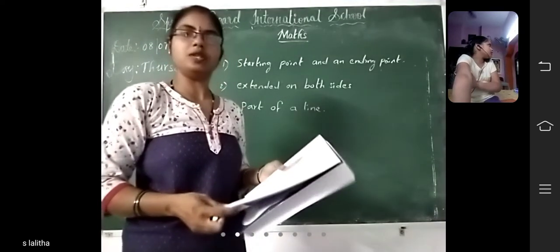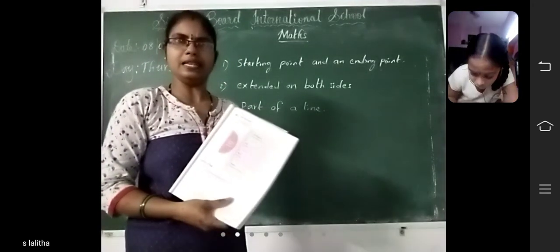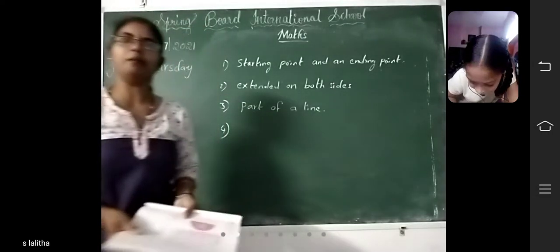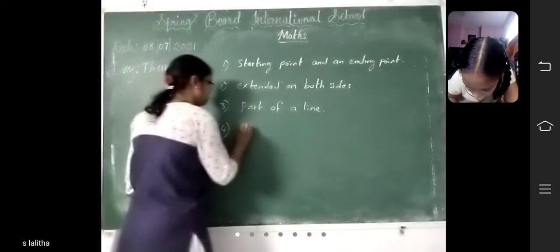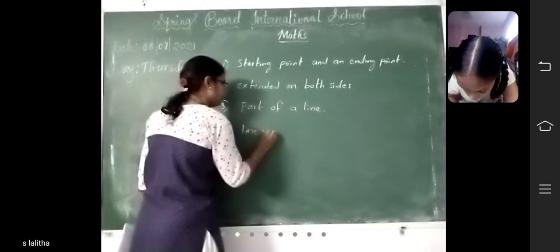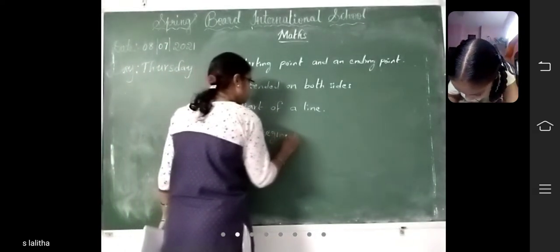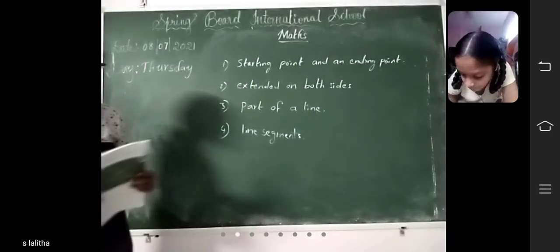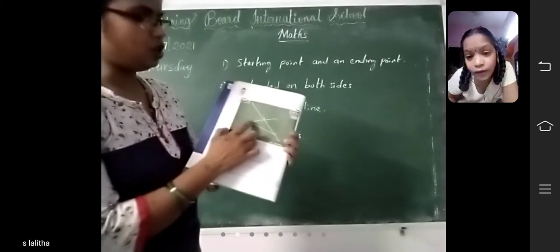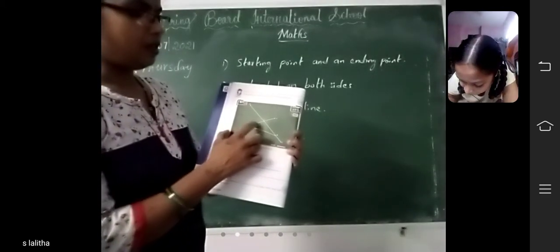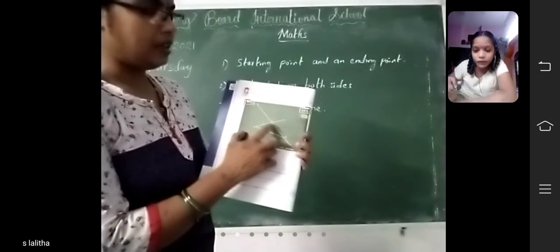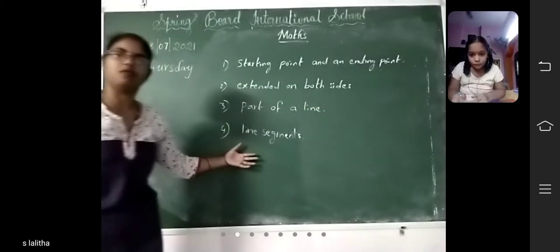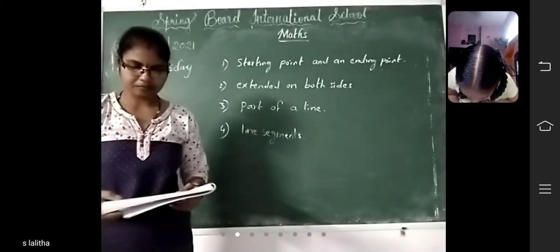Shapes. Shapes are formed by lines, rays, line segments? Yes, shapes are formed by line segments. Example, in this picture only, see, the triangle is formed by line segments. Okay, children, like that. So shapes are formed by line segments.